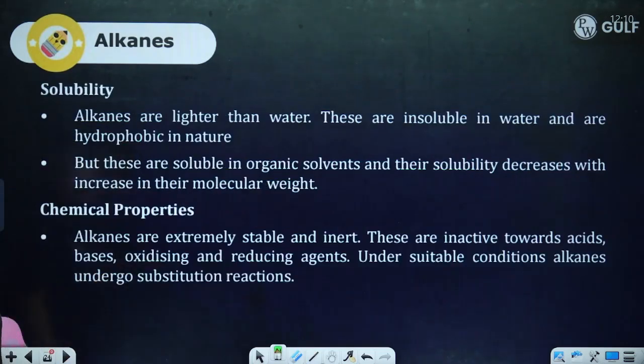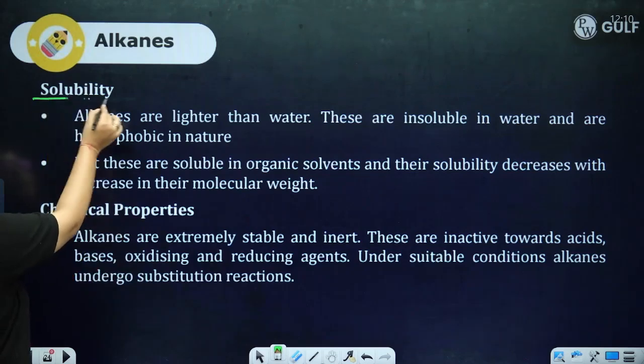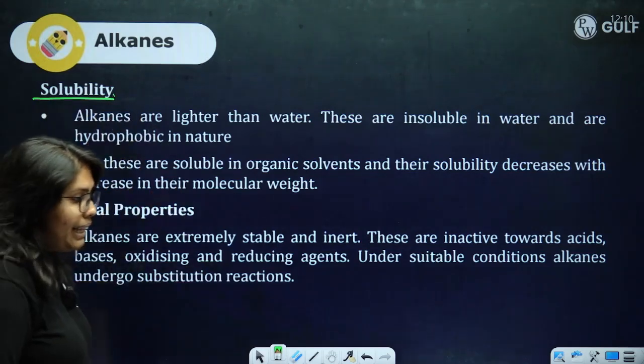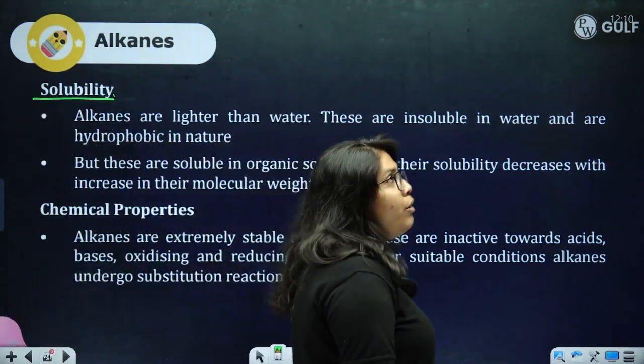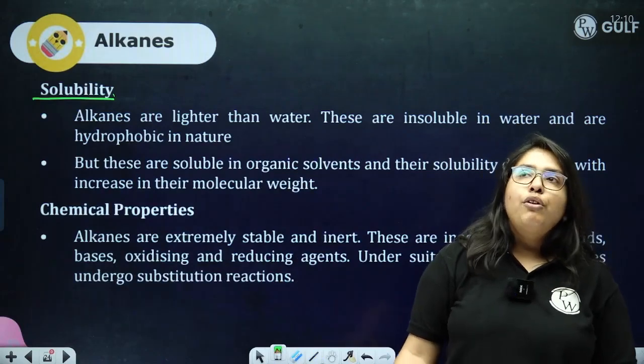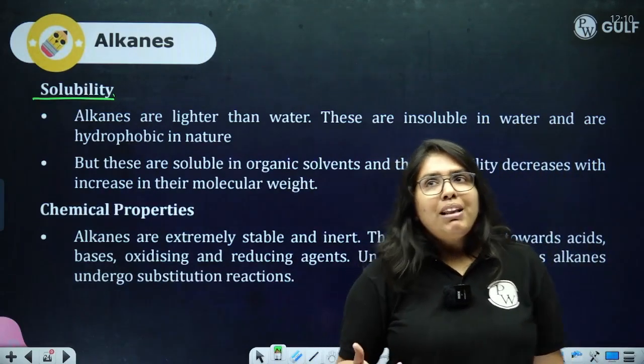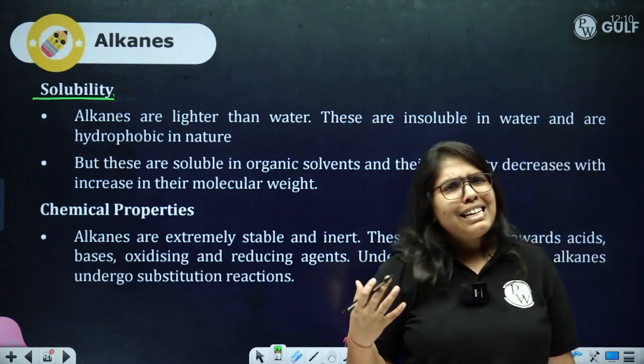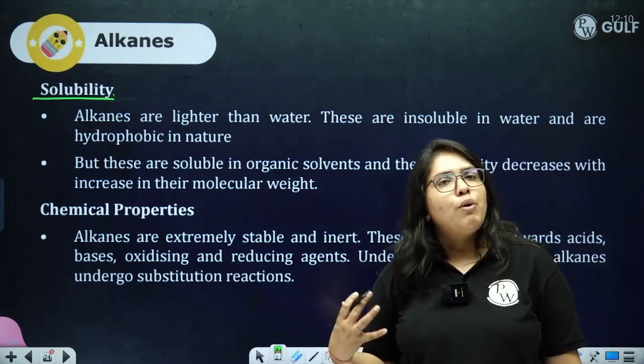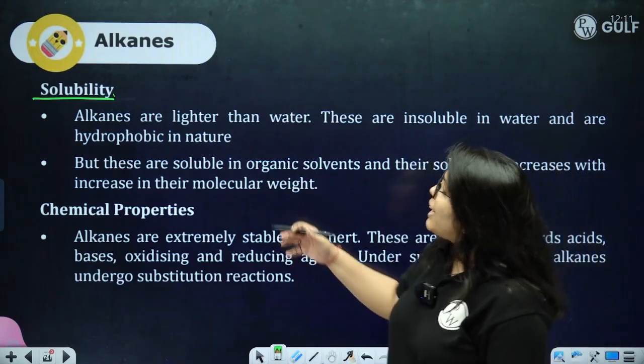Now, solubility. When we talk about solubility, they are hydrophobic in nature, beta. When you talk about solubility in water, for anything to be soluble in water, a hydrogen bond needs to be there, no? But when you look at alkanes, there's really nothing. It can't bond with hydrogen to form a hydrogen bond. So, alkanes are lighter than water.